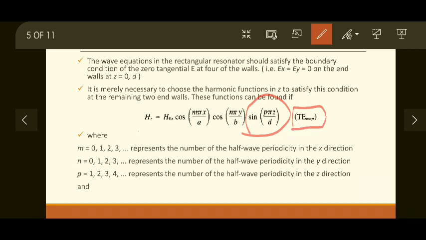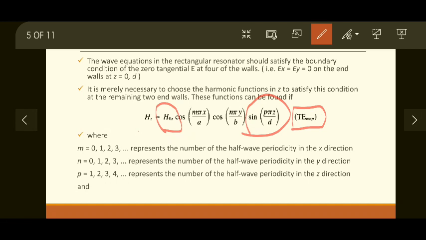Now the mode here is mentioned in 3 subscripts M, N and P. In waveguide it was denoted by only M and N because front and back walls were open. Now H0Z is a first harmonic of that particular wave in the Z direction. M, N and P will have different values.